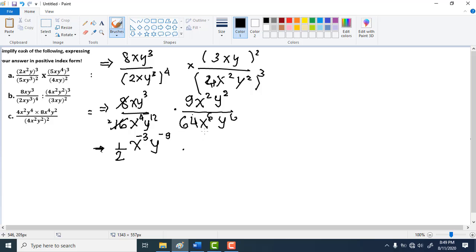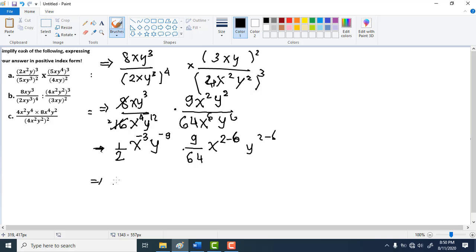We write the number 9 over 64, and then we simplify the variable x, the division becomes subtraction, 2 minus 6, and then the y, 2 minus 6, yeah.